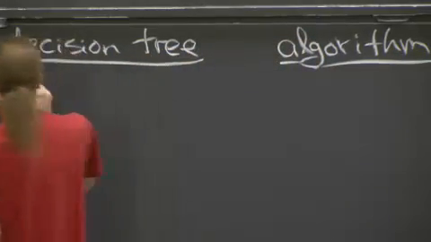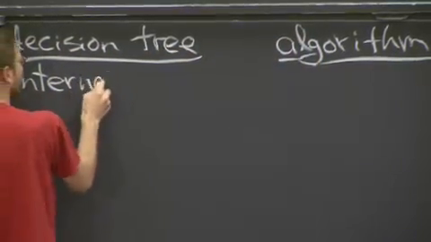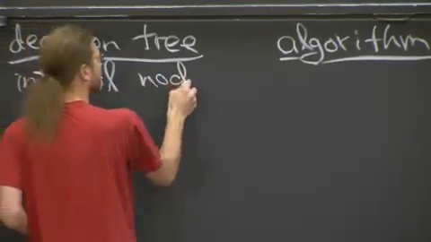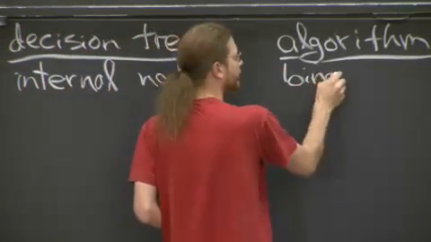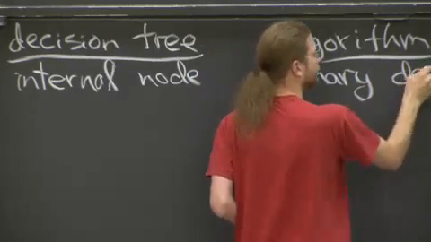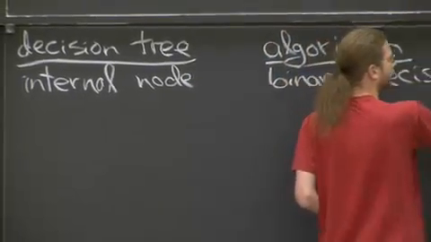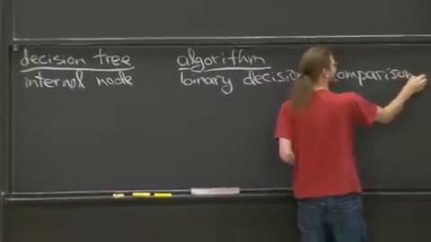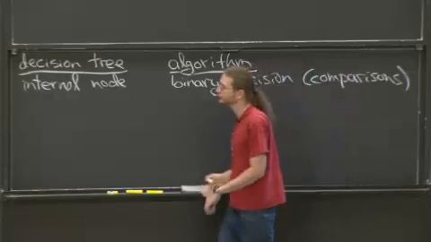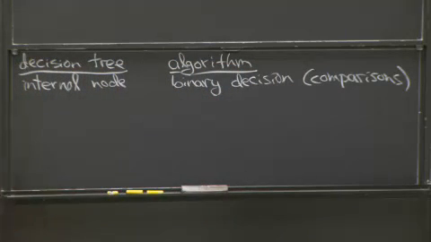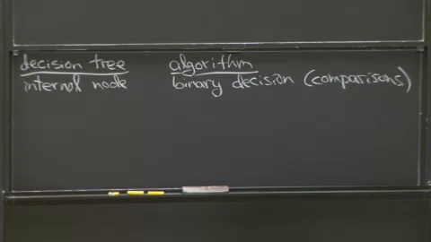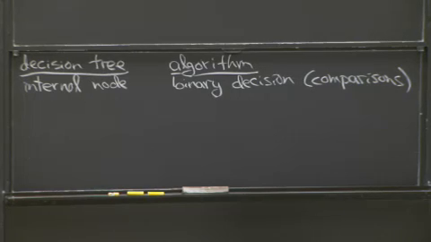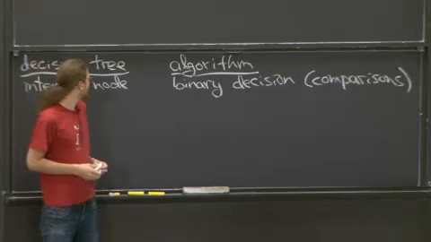And so when we have an internal node in the decision tree, that corresponds to a binary decision in the algorithm. OK, in this case, we're only looking at comparisons. Slight technical detail, decision trees are a little more general than comparisons. Could be any binary decision here. And everything I say will be true about any binary decision you make. But comparisons are the ones we kind of care about because all of our algorithms are doing that.